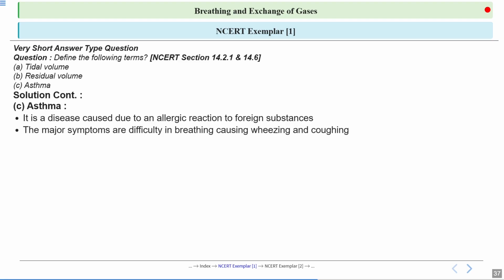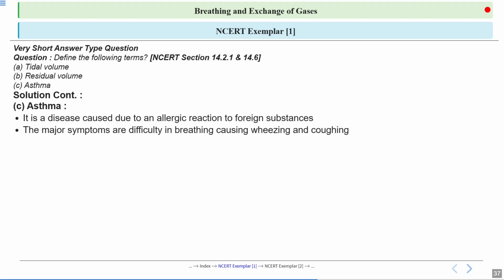Asthma is a disease caused due to an allergic reaction to foreign substances. Foreign substances means substances from the outer environment that could reach your lung, like allergens, pollen grains, and air particles that act as pollutants, right? If they enter our body, there are allergic reactions that could lead to asthma.